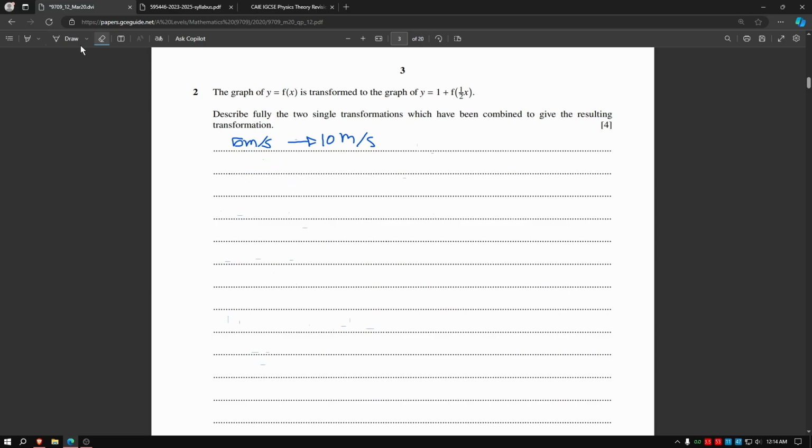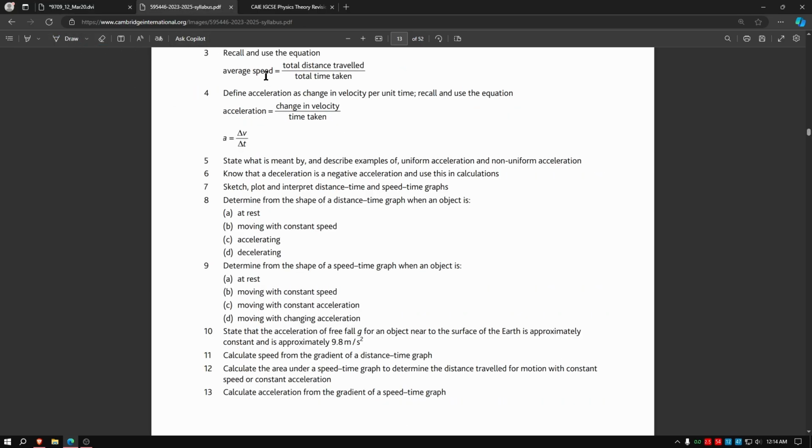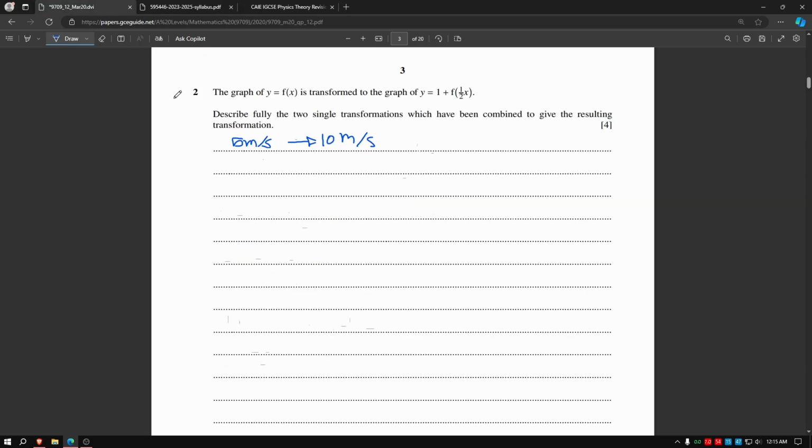Now that we know that, let's see what is constant acceleration and not constant acceleration. In a graph, you can think about it this way. Constant acceleration will be anything that has a fixed number, let's say 10 meters per second square. So a equals 10 meters per second square.